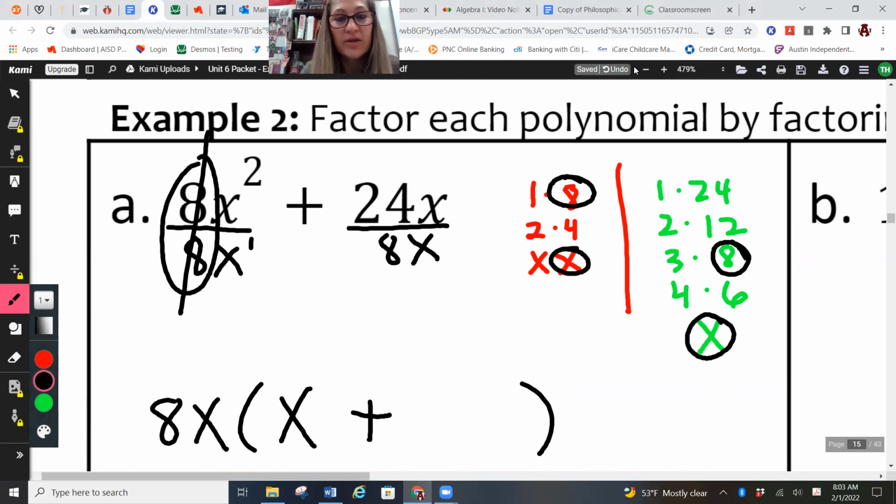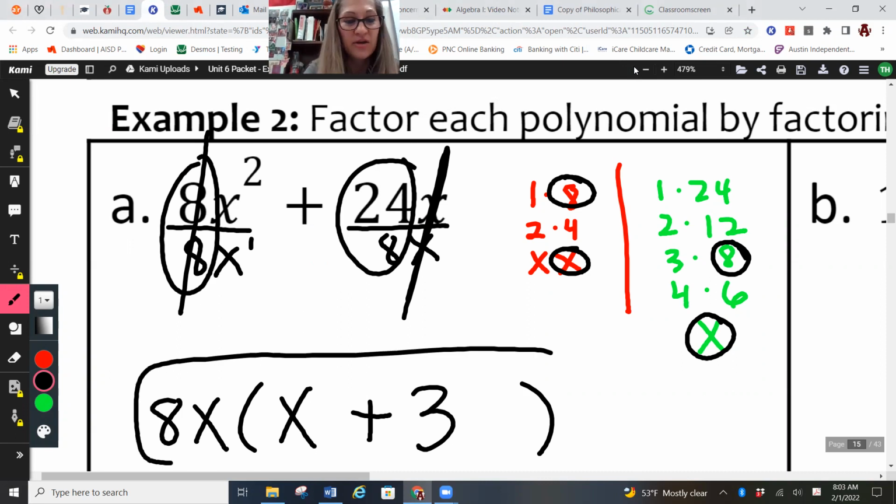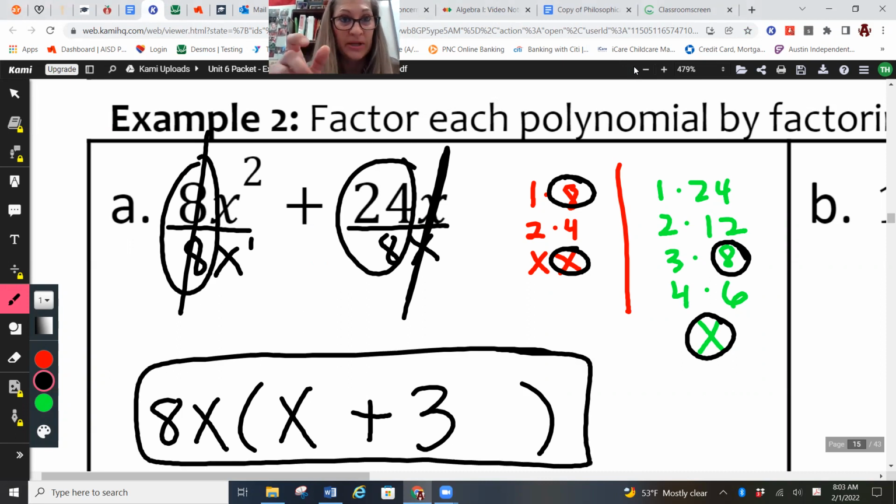Plus 24 divided by 8 is 3, and x divided by x is 1, and 1 times 3 is 3. Okay, same number on top, same number on the bottom, you can divide and you're done. Same letter on top, same letter on the bottom, you can divide and you're done. Okay, that's our answer. How do we check it? We type it in the Desmos.